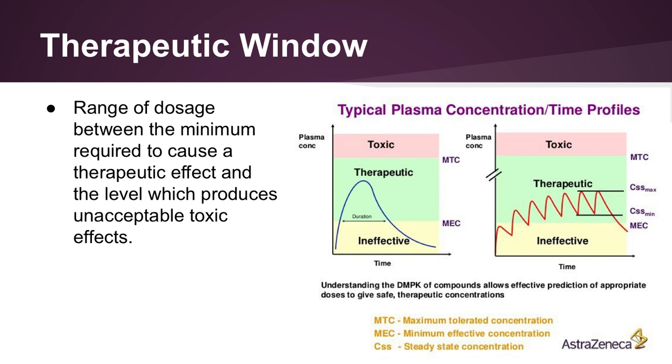There's also something called the therapeutic window. And so this is the range of dosage between the minimum required to cause a therapeutic effect and the level that produces those unacceptable toxic effects. So when we give a patient a drug, essentially what happens is this curve here.